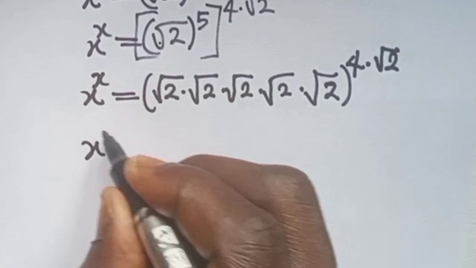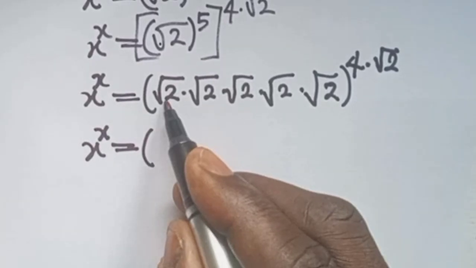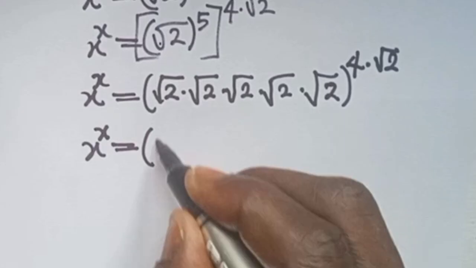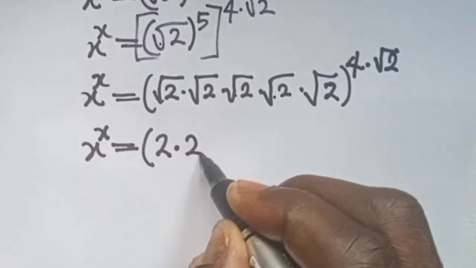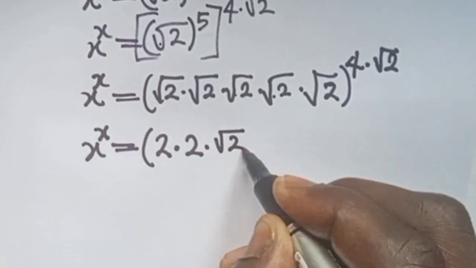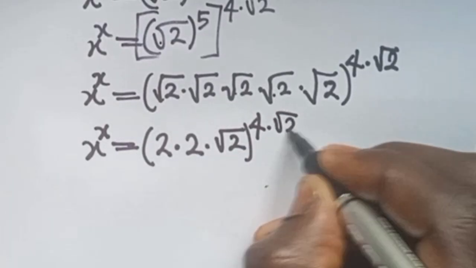So x to the power of x equals square root of 2 times square root of 2, that is 2, and square root of 2 times square root of 2 again is 2, to the power of 4 times square root of 2.